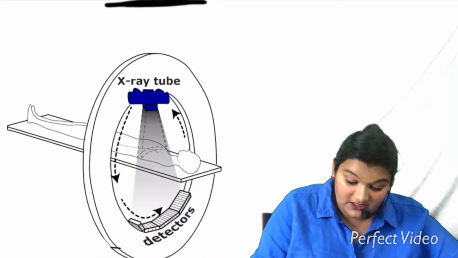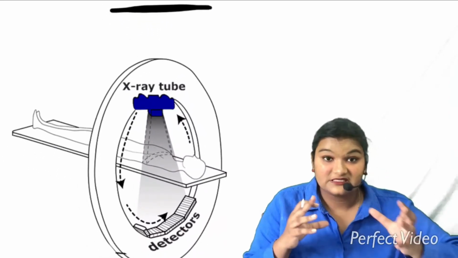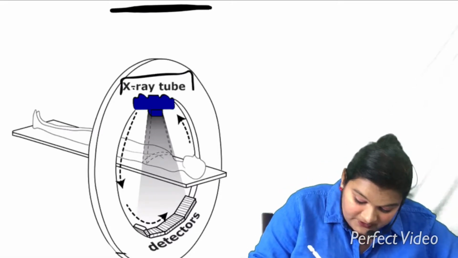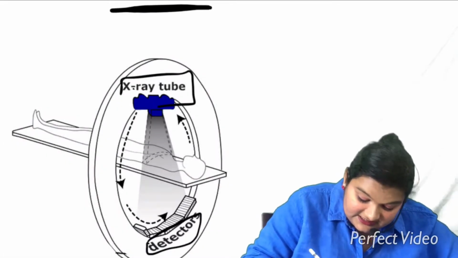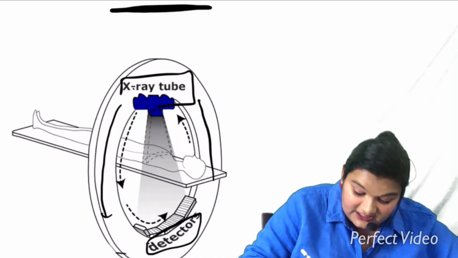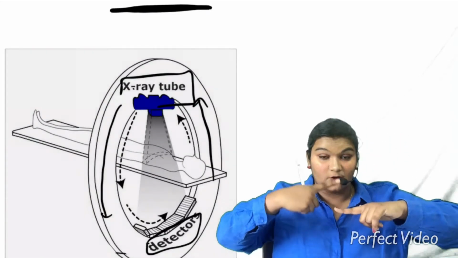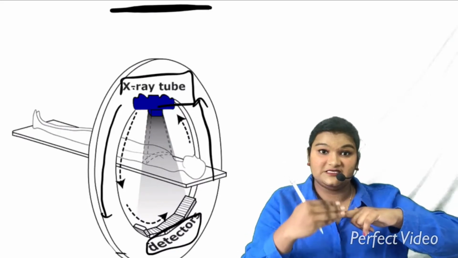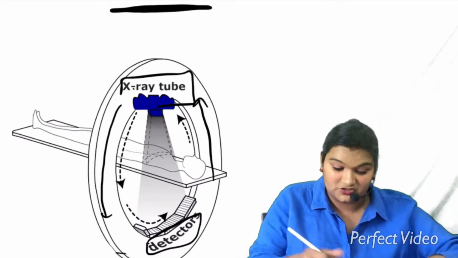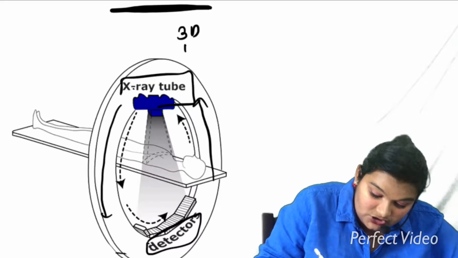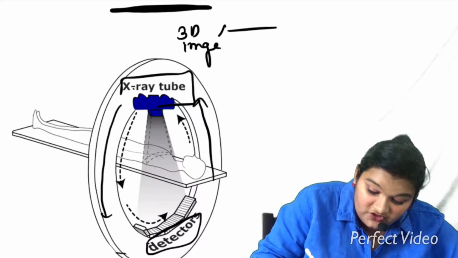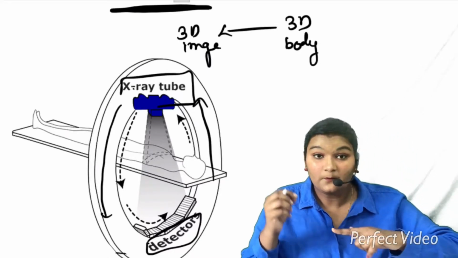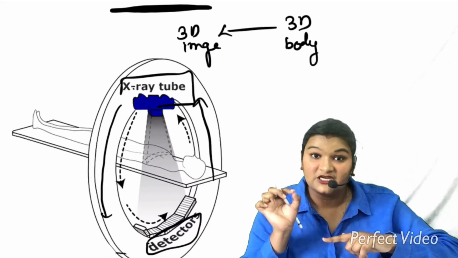Okay, so what the difference in X-ray and CT scan is that, see, this is your X-ray tube and this is our detector. In the CT scan, this X-ray tube and the detector move in a circular manner around the patient, exposing the patient from all 360 degrees. So we are getting a 3D image of a 3D body. So we are able to pinpoint and locate the anomaly.